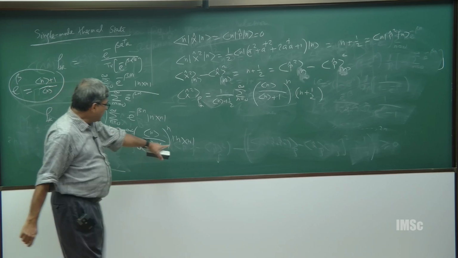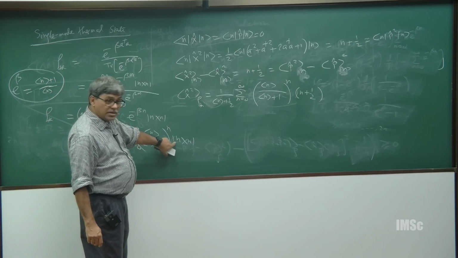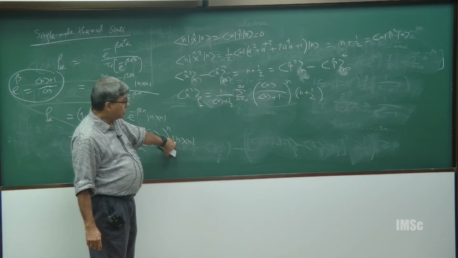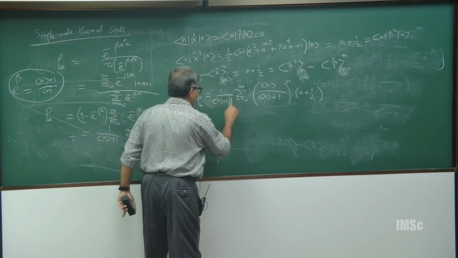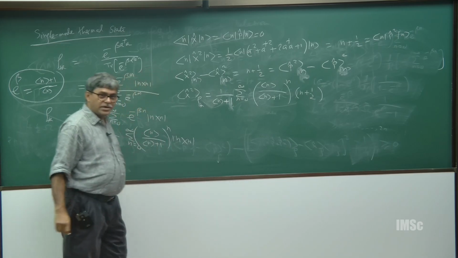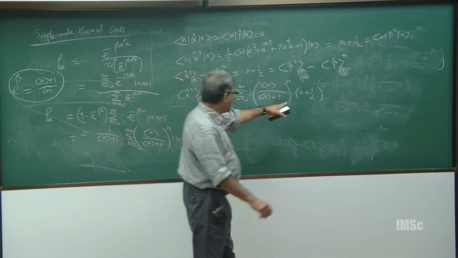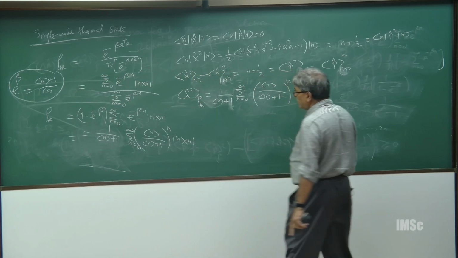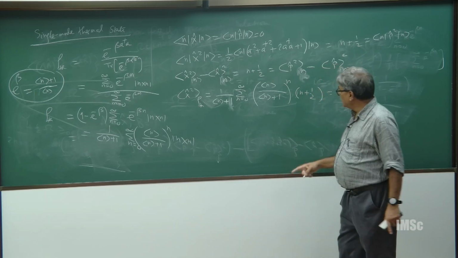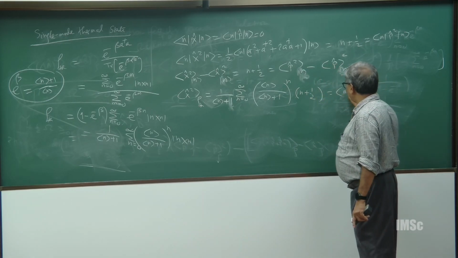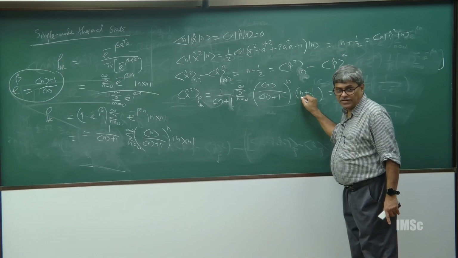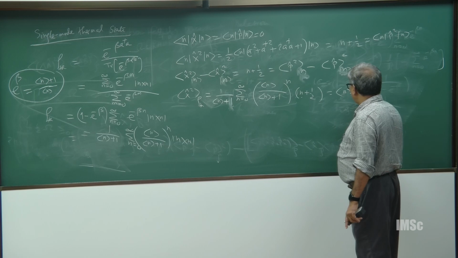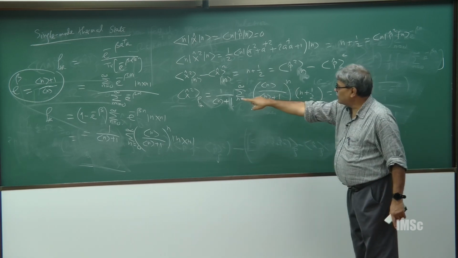Yeah, because for this you will have n plus 1 plus 1. Okay. Now, the first term, if you remember, is basically the average n, right, and this is just your probability.